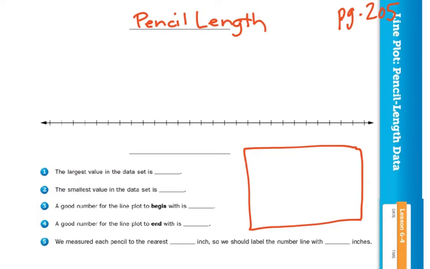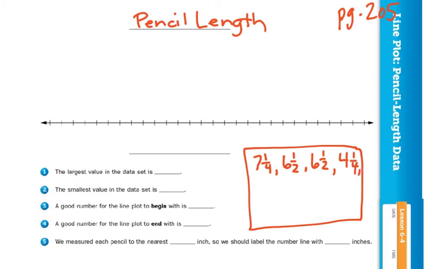But let's imagine some kids had, let's say, 7 1/4, 6, 6.5, another 6.5, 4 1/4.